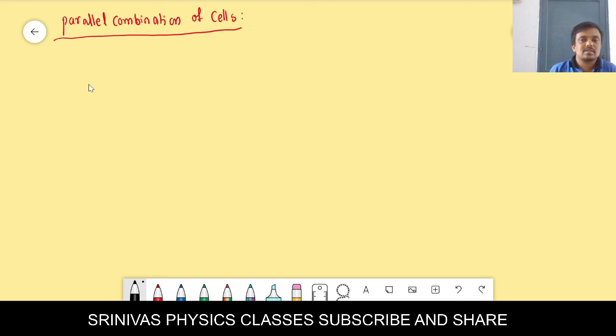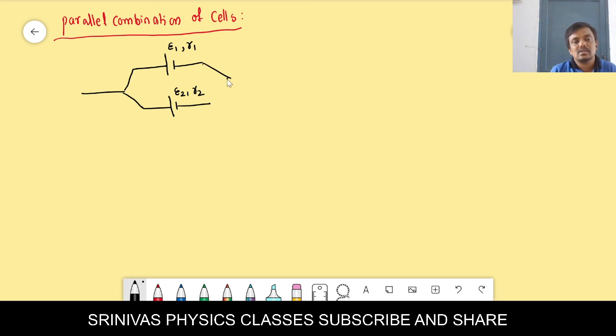For that purpose, you see here, this is the first cell that I am connecting. Its EMF is E1 and internal resistance is R1. And this is the second cell that I am connecting, its EMF is E2 and internal resistance is R2.